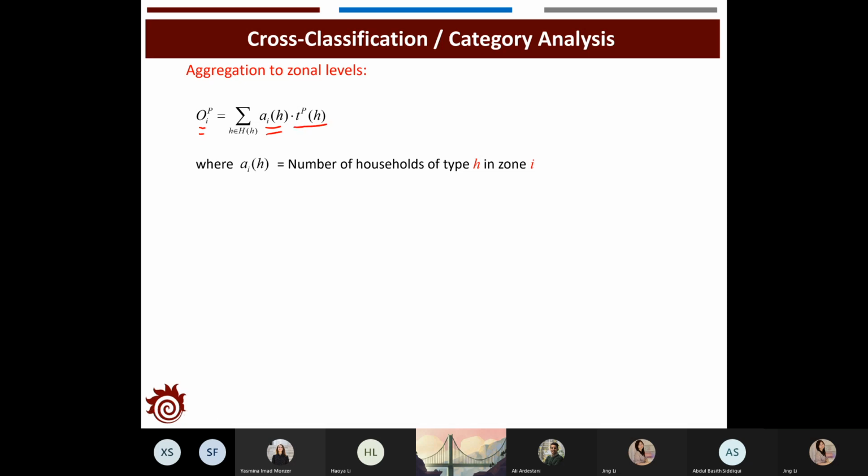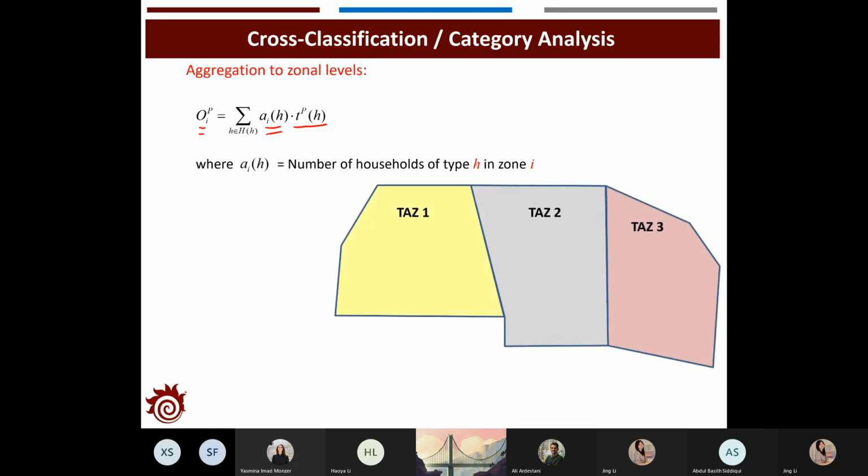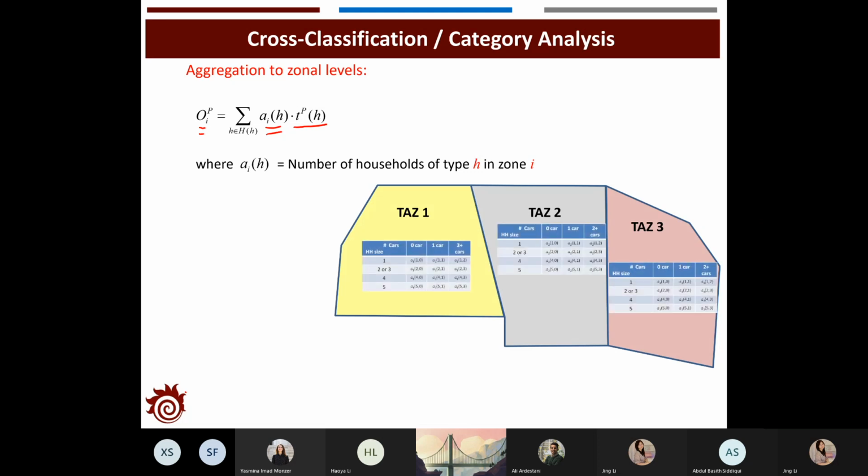So if we have 3 zones, zone 1, zone 2, and zone 3, for each zone you will have the trip rate table. And for zone 1, you will have the table for the number of households in each cell.